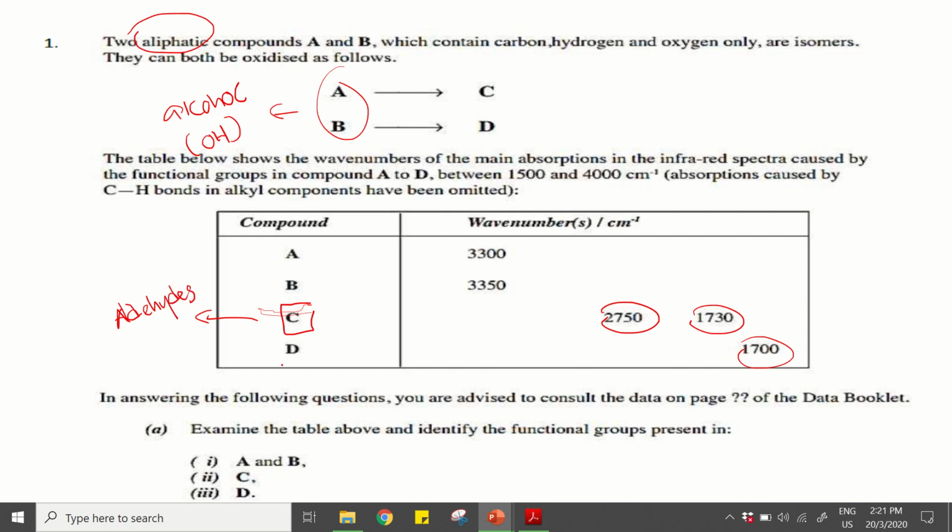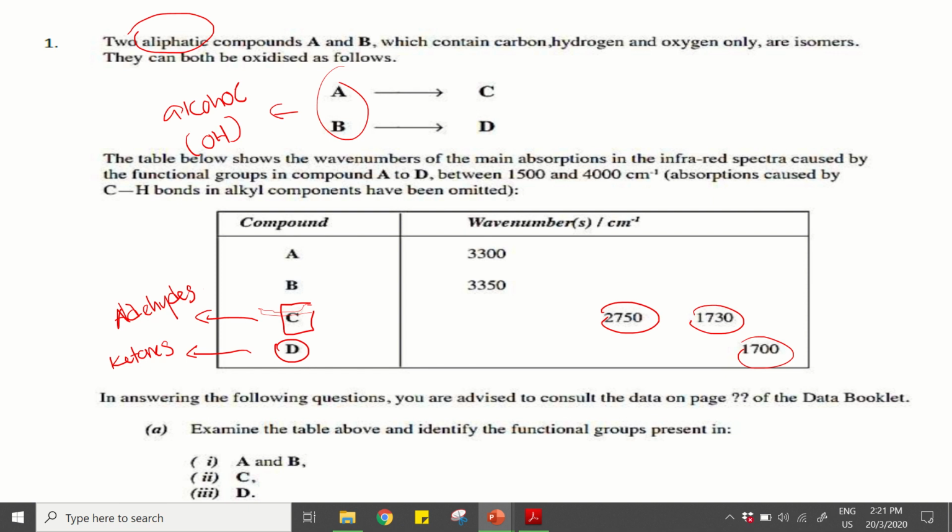Okay, C is an aldehyde, and D is probably due to a ketone or an aldehyde. But in this case, since aldehydes should have a 2,700, for D it should be just a ketone because it just has the C double bond O without the CH stretching of the aldehydes. All right, so C and D are an aldehyde and ketone respectively.